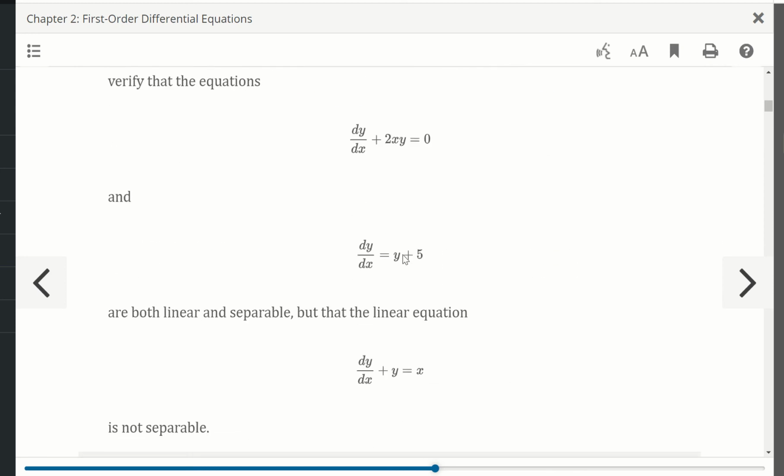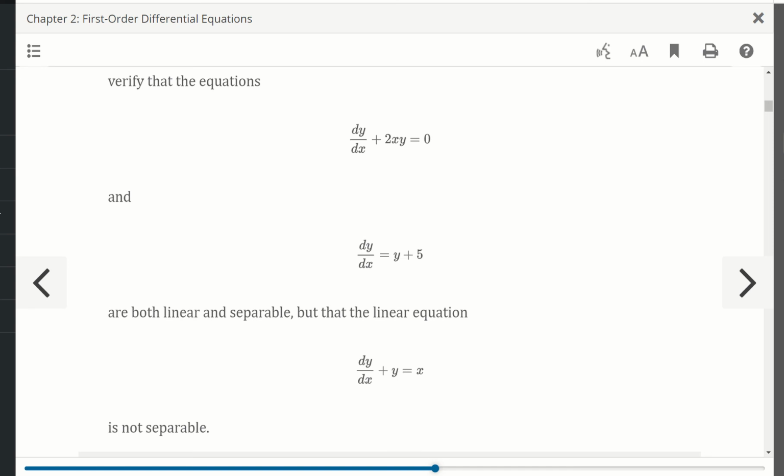Okay. For example, these three equations would be first order linear differential equations. This one here we have dy dx plus 2xy equals to 0. In this one, the 2x would be playing the role of the p of x function, and the 0 would be playing the role of the f of x. Here, for this example, it's really not in standard form because we should have the y on the other side.